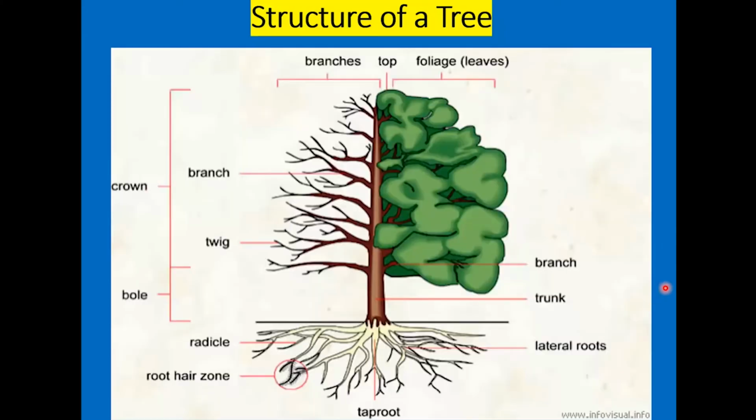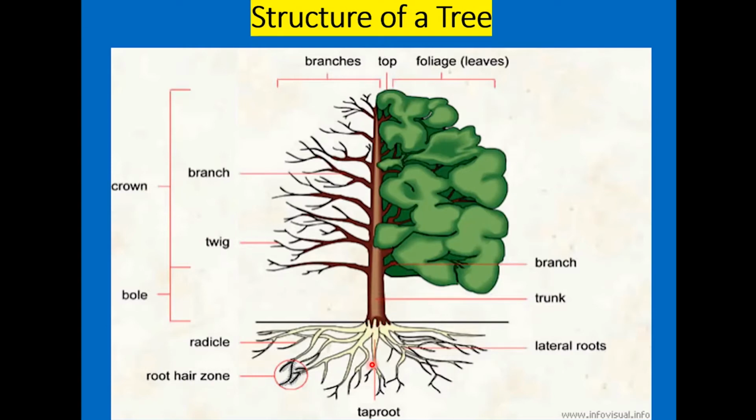The structure of the tree has parts to it, and we know some of these parts already. There's a big trunk that goes down the center. Then there are branches and smaller twigs, and the whole top part is called the crown. The part that's just right there, maybe 6 feet above the ground, is called the bole.